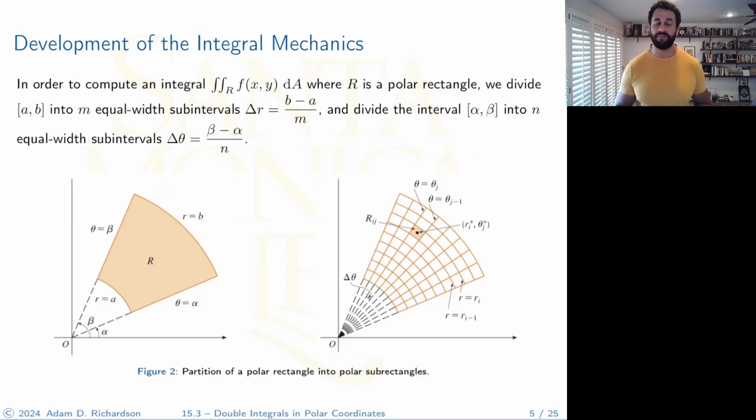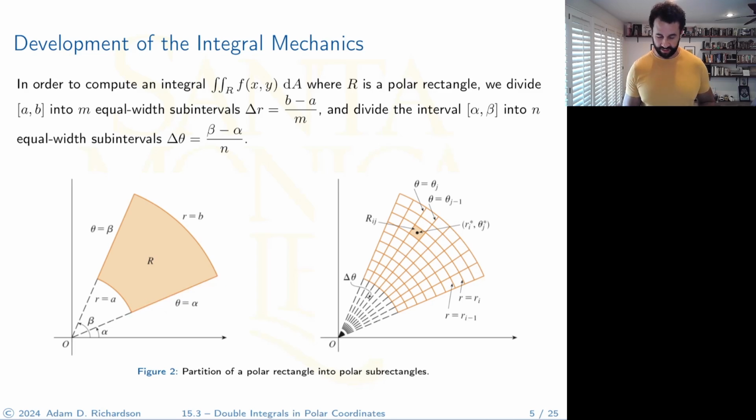Now, just like we saw in 15.1, if we want to compute an integral over such a region, we're going to divide the interval [a, b] into m equal-width subintervals of width delta r. So this is the interval from a to b, right there.